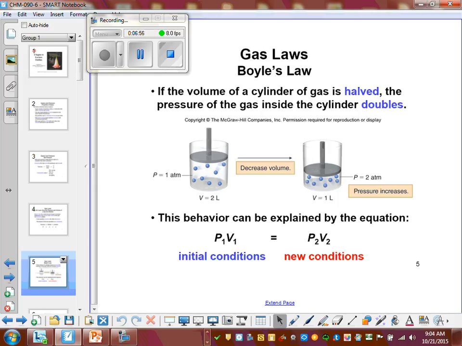So that's Boyle's law in a nutshell. P1 V1 is equal to P2 V2. Nothing you don't conceptually know. You compress a gas, the pressure inside the container gets higher as the volume decreases.